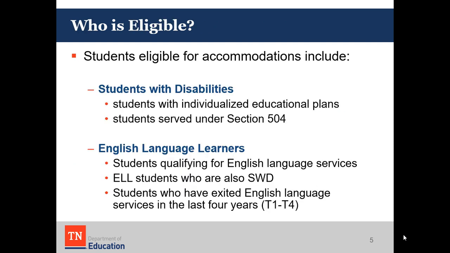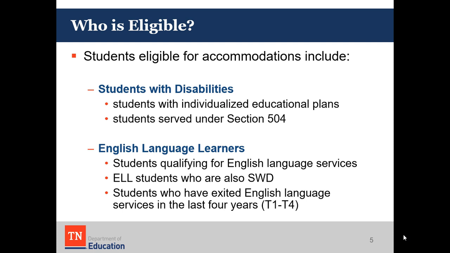So, who is eligible to receive an accommodation? Students eligible for accommodations include students with disabilities served under an individualized education plan and students with disabilities served under Section 504. This also includes students who may have a temporary injury that presents itself right before the test window happens.